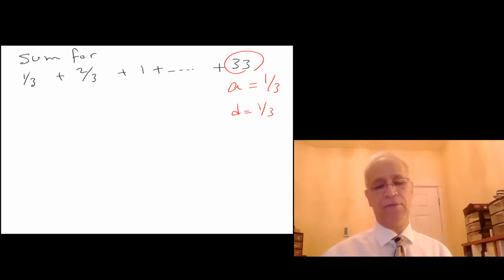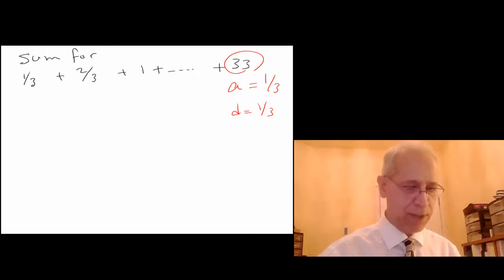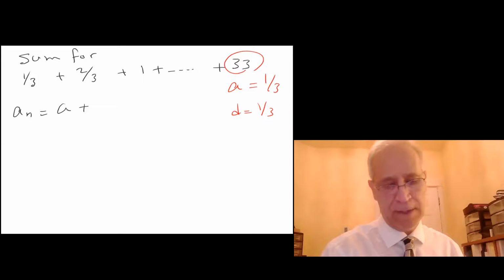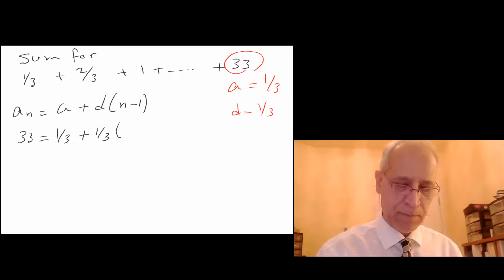I want to find what n is for 33. So I'm going to use my general formula that a sub n equals first term plus the common difference times n minus 1. So 33 equals 1/3 plus 1/3 times n minus 1.